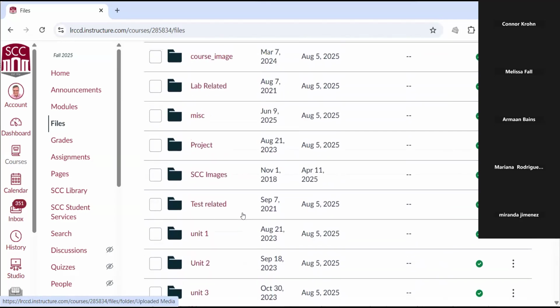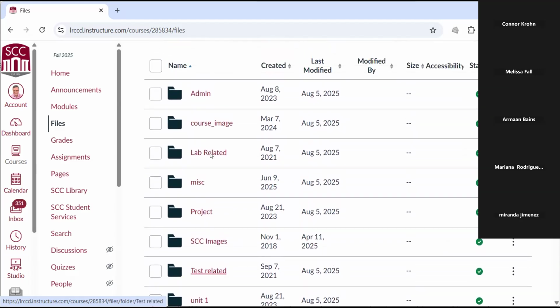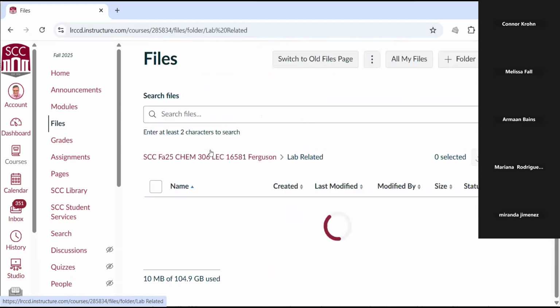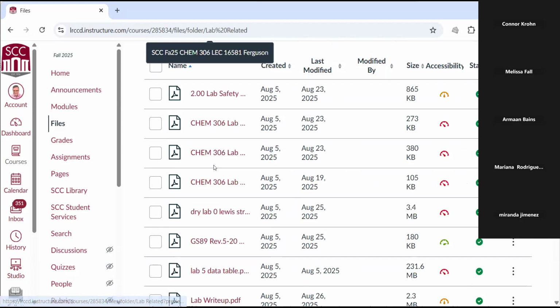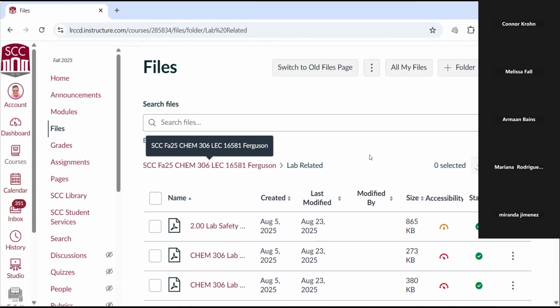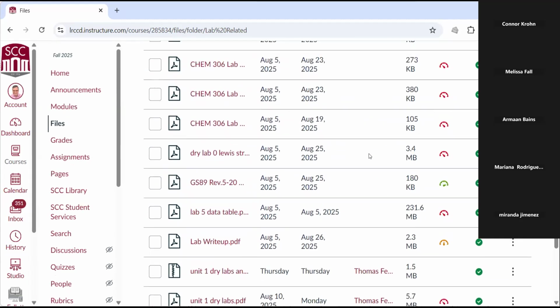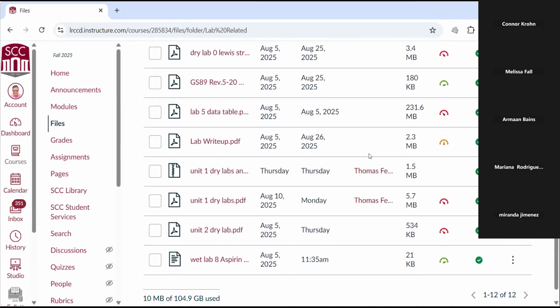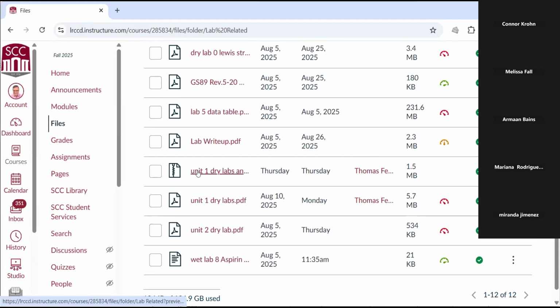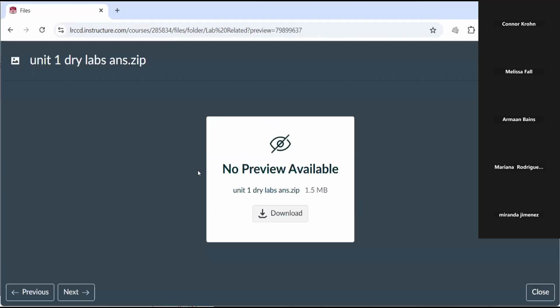I will put them in here, and I'll make a new folder too. There they are. It says Unit 1 Dry Lab Answers.